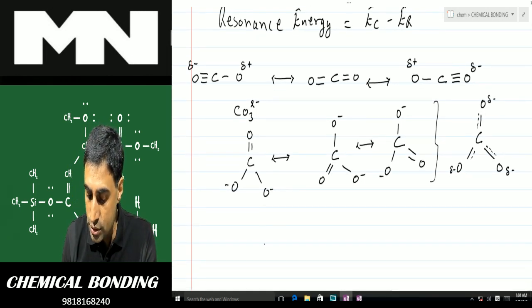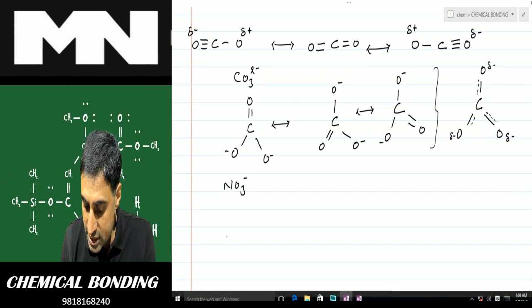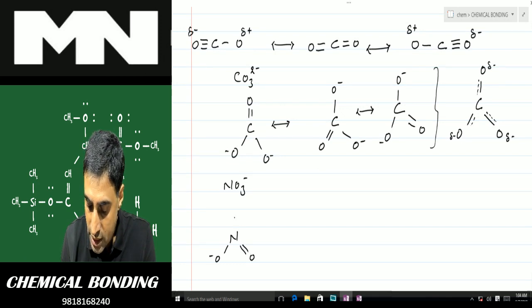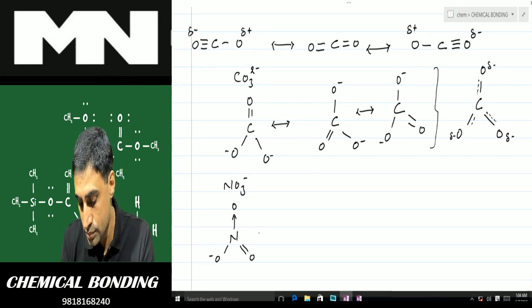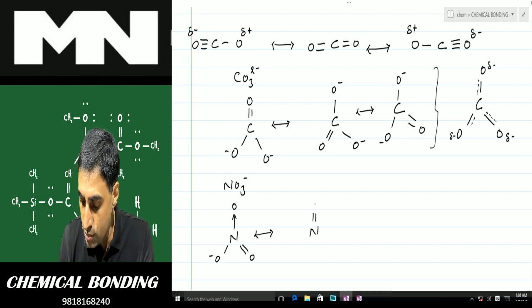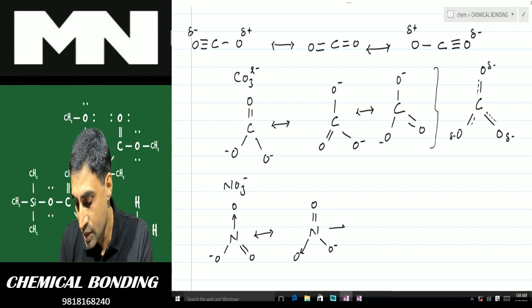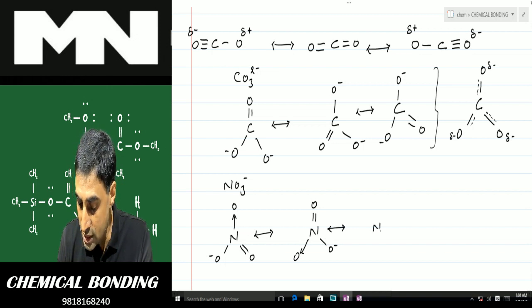Likewise, I can draw resonating structures of nitrate ion, that is NO3 single negative. In NO3 single negative, the structure is like this, O negative, double bond O, and coordinate bond O. So this double bond will now move here, O negative will come here, and the coordinate bond will move here. Again, the double bond will come here.